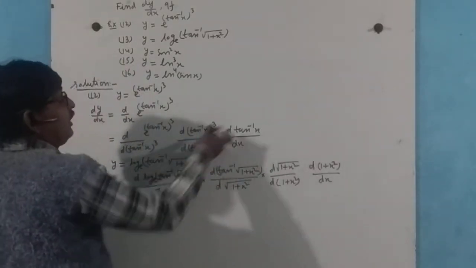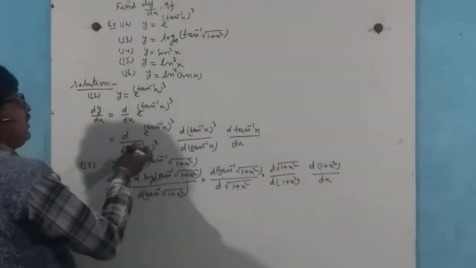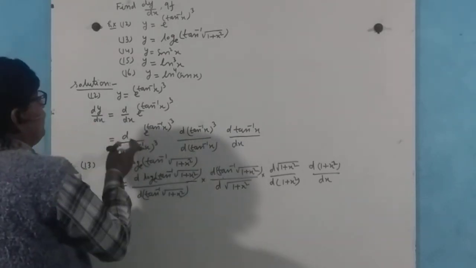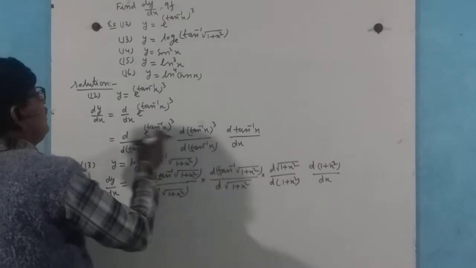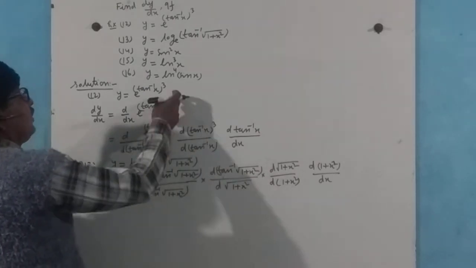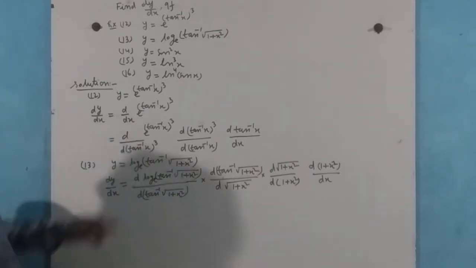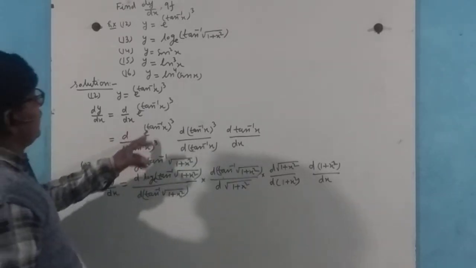Now this and this cancel, this and this cancel, so dy/dx equals d/dx of e to the power (tan inverse x) whole cube, so no change in this.